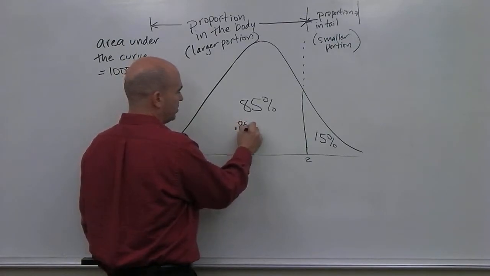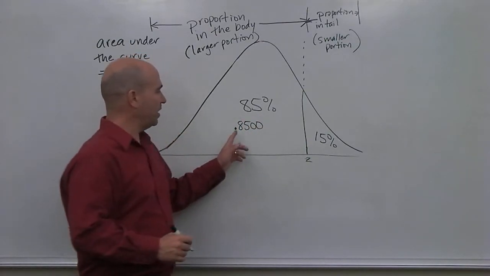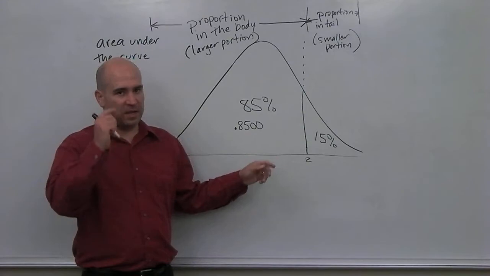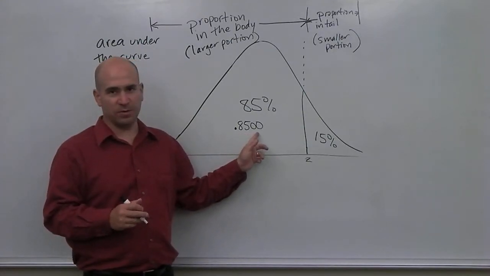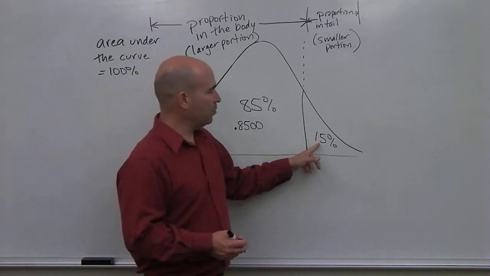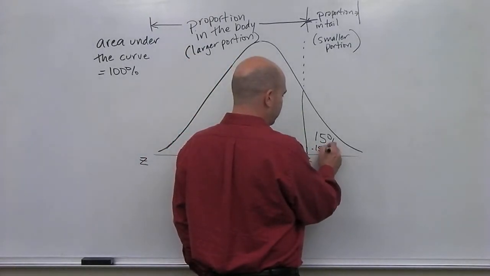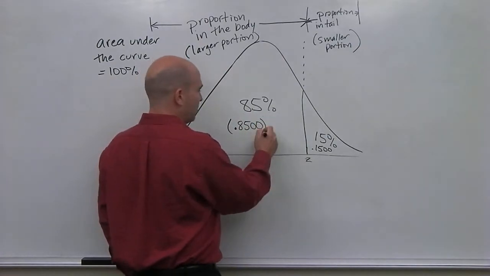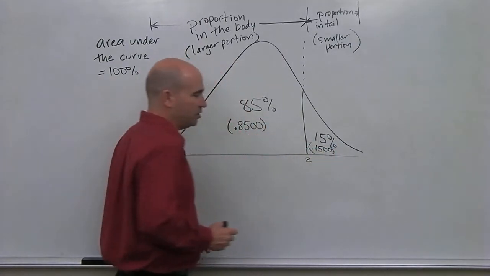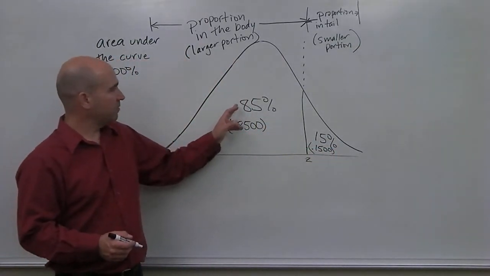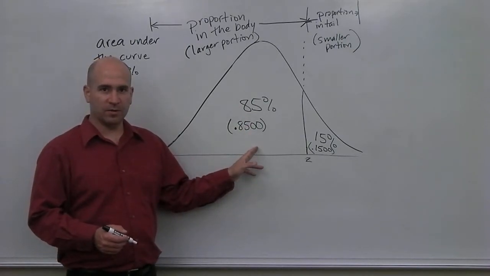So in a proportion, this is 0.8500, and I'll leave it to 4 decimal places because that's what your text does. And 15% would be 0.1500. So these are my proportions. You should be able to go back and forth from percentage to proportion.